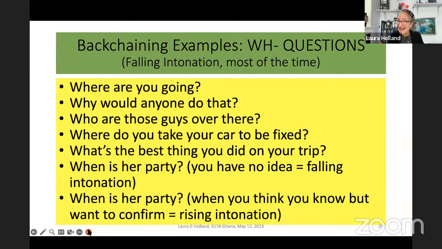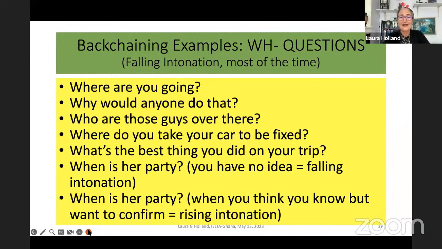So we use intonation, which is a part of pronunciation, to send messages all the time. This is an area where students get confused sometimes and end up causing a breakdown in communication because they're going up when they should go down, or going down when they should go up, right?